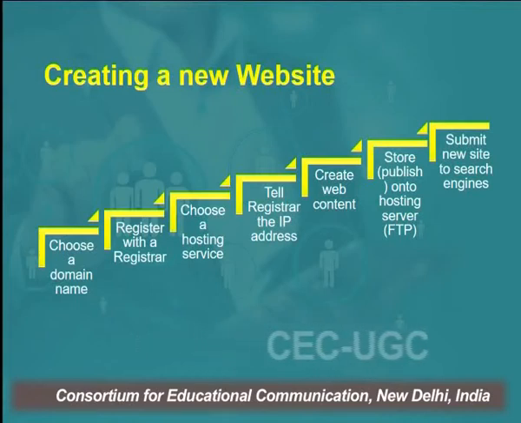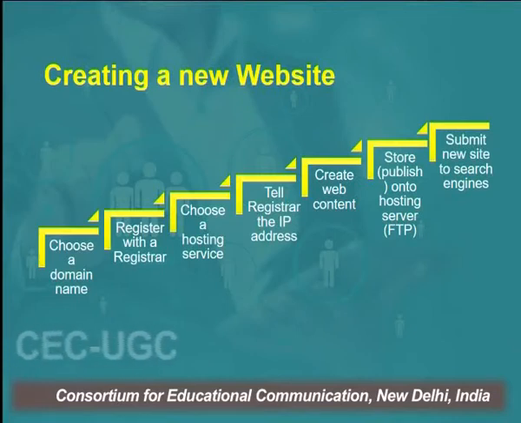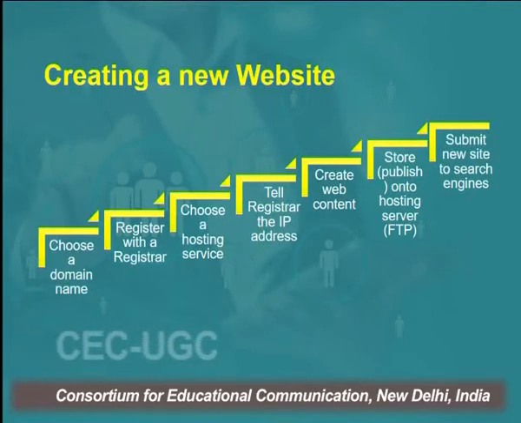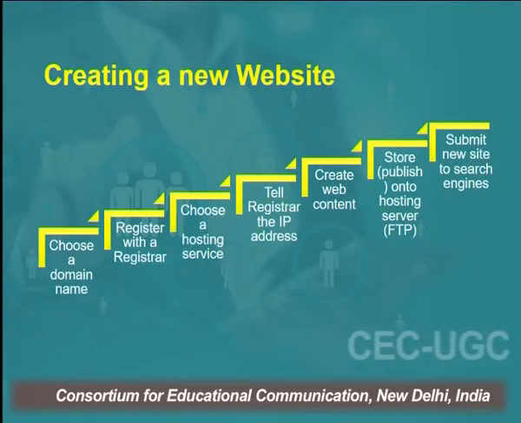First you create the pages on the local computers. Once your website is ready and tested, you publish it, or export it onto the web server, right? And once your website is active, live and running, you have to submit it to the search engines.